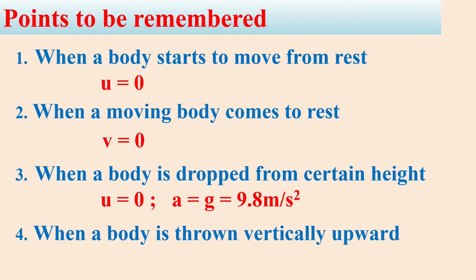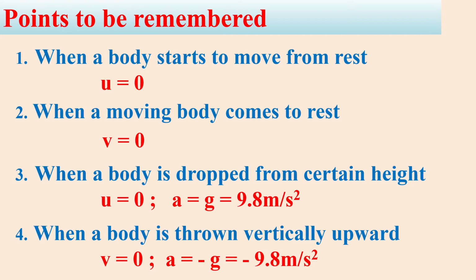If a body is thrown vertically upward, its velocity goes on decreasing and at last final velocity becomes 0. This is very clear. And it comes under the gravity of the earth, and that's why acceleration is produced on the body, and this acceleration is equal to acceleration due to gravity. But the direction is opposite. That's why acceleration is negative. It is minus 9.8 meter per second square.